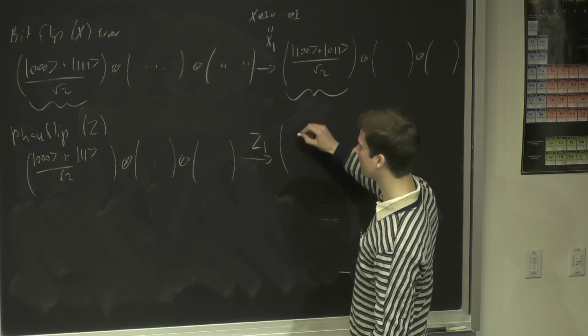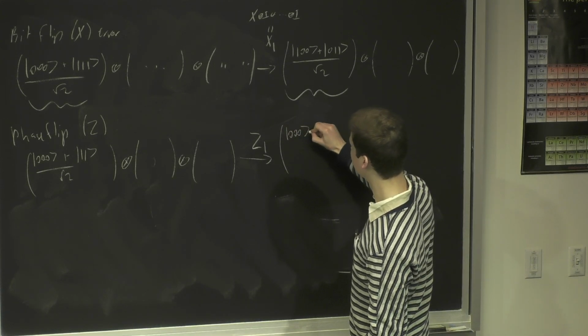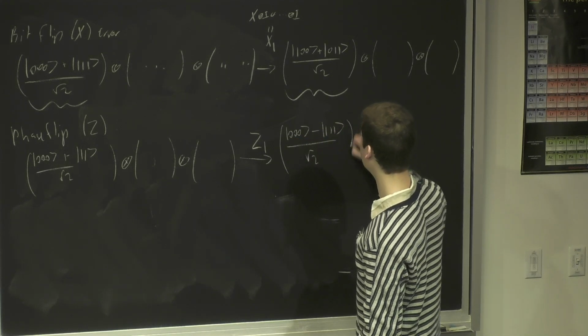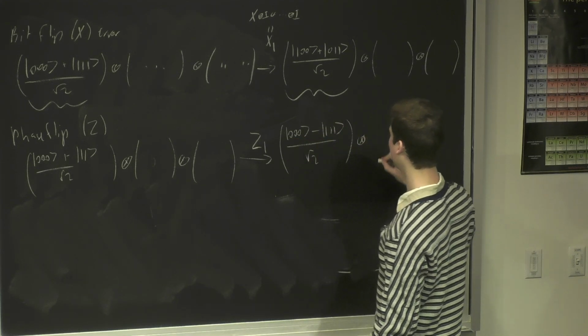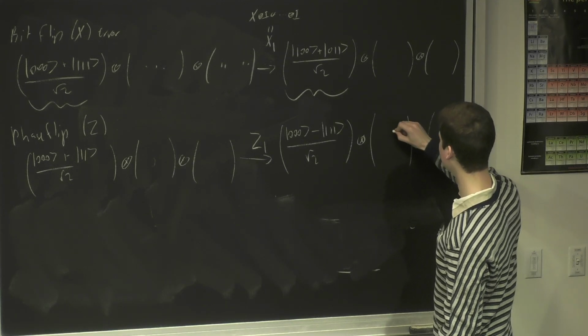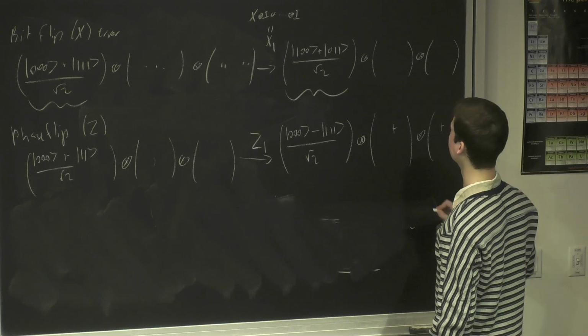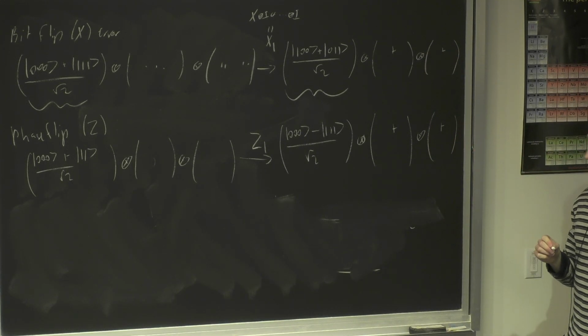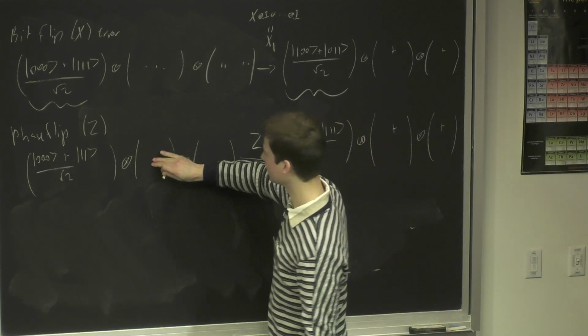What we end up with is (|000> - |111>)/root 2, tensored with 2 copies of the original state. So 2 copies with a plus. These also, up here, it was a plus here. And these also have a plus.